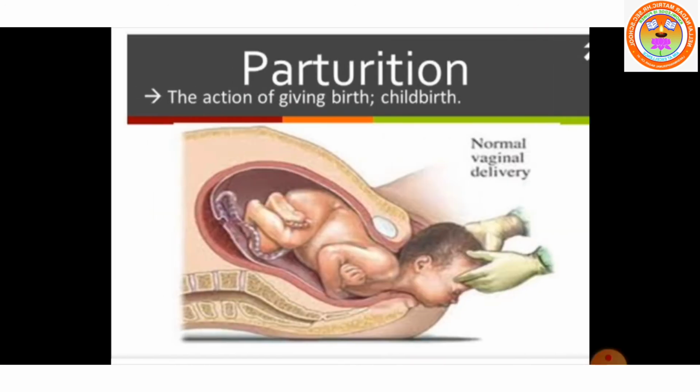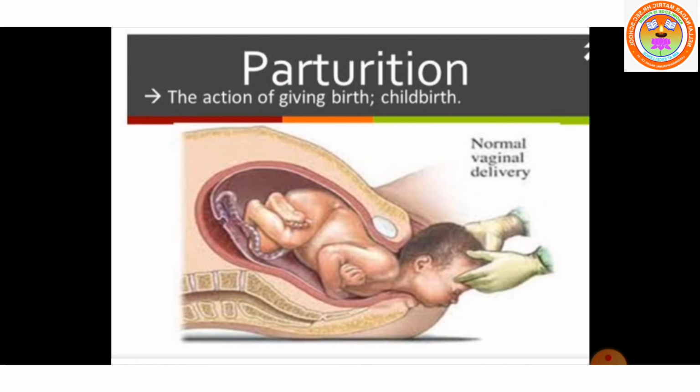So what is parturition? Expulsion of the fetus from the mother's womb. This is said to be parturition. Childbirth is the process of delivering the baby and placenta from the uterus through the vagina to the outside world. It is also called labor and delivery. Parturition occurs when the gestation period is over.